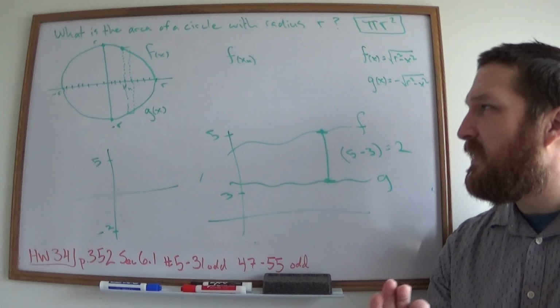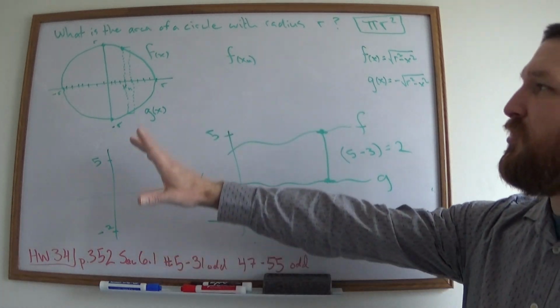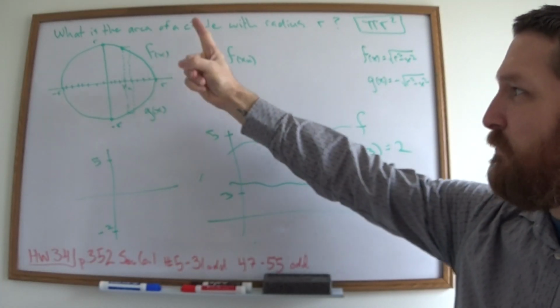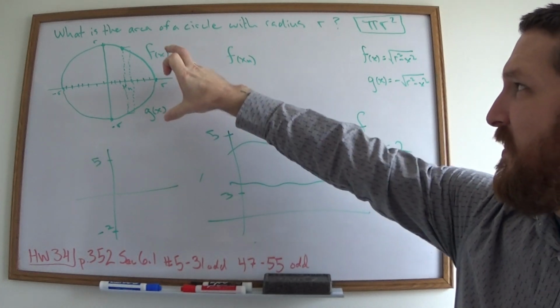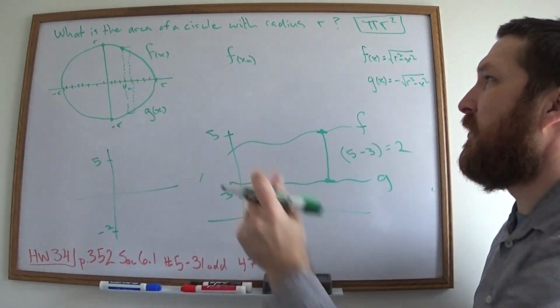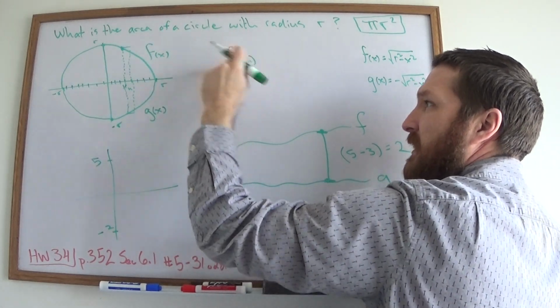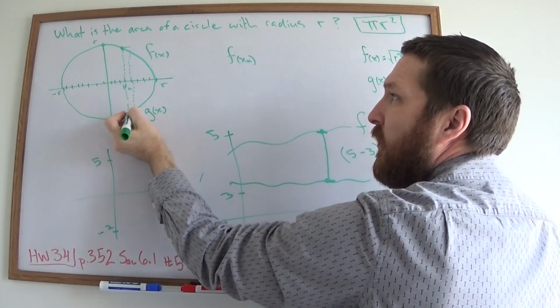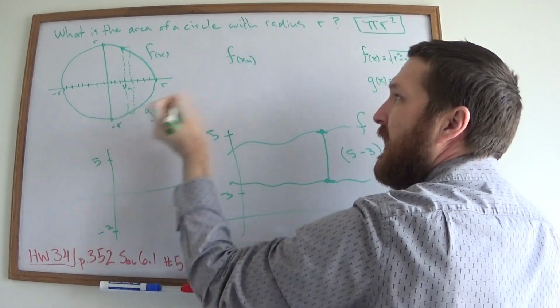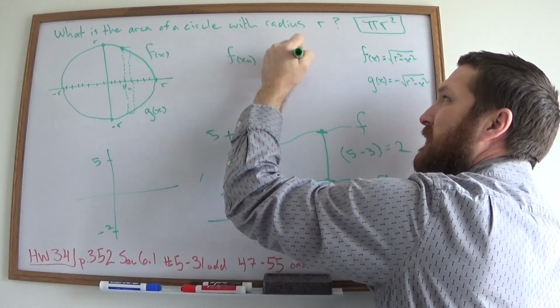So now this is key here. As long as you're sure that f is bigger than g, then that height that you're looking for is whatever the f is at that point, f of xn, minus whatever the g is at that point, g of xn.